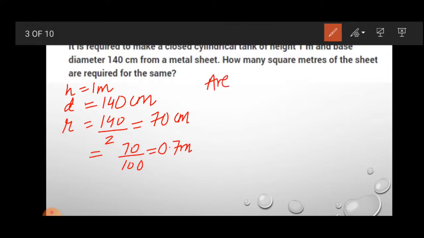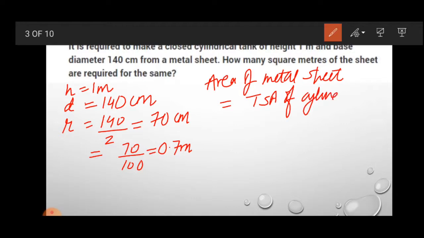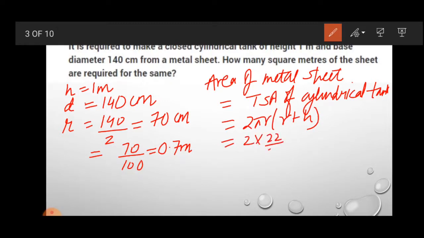Now the area of metal sheet required is equal to the total surface area of the cylindrical tank, which is 2 pi r in brackets r plus h. 2 into, put the value of pi, 22/7, into radius 0.7, into 0.7 plus height 1.